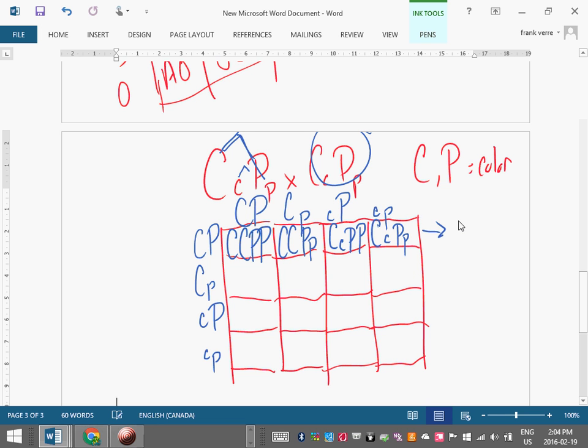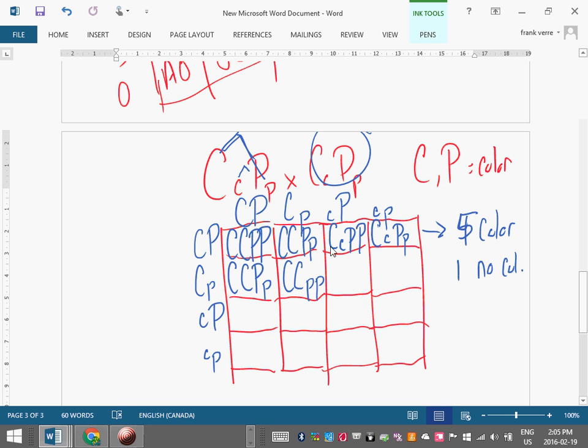So all of these are color. So far, 4 color. Now this one, big C, big P, little p. All right, that's 5. Big C, little p... No color.